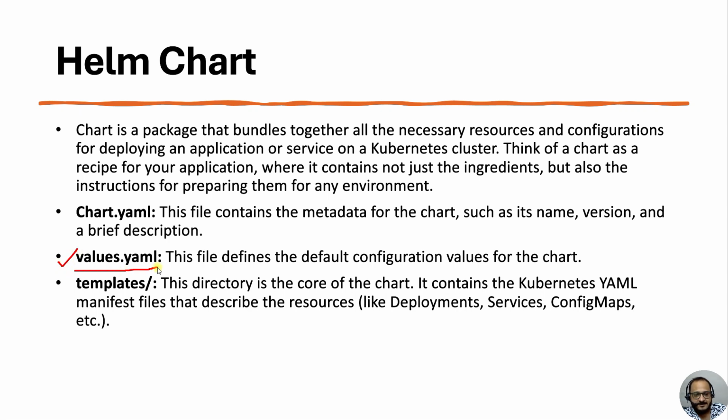This is the file where we pass all the values like the number of replicas and the image name or URL. A lot of stuff we manage as part of this file.